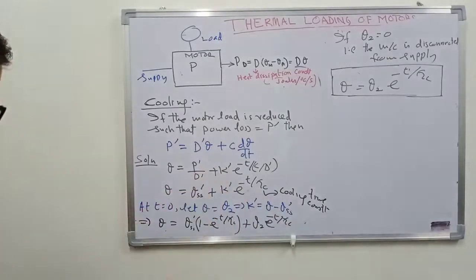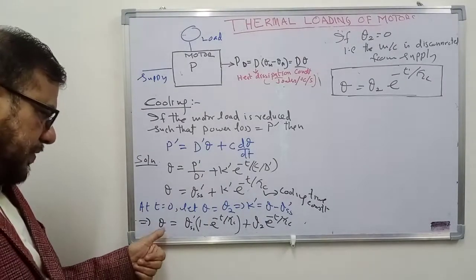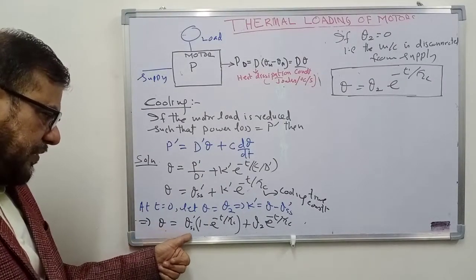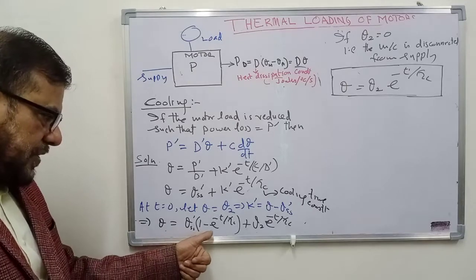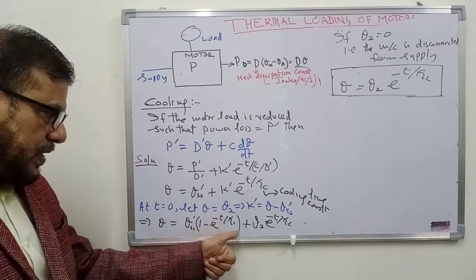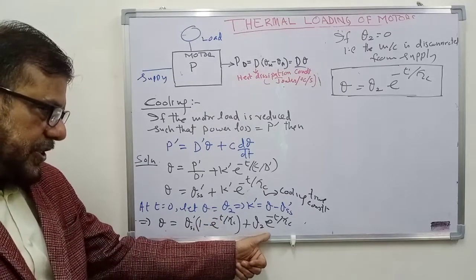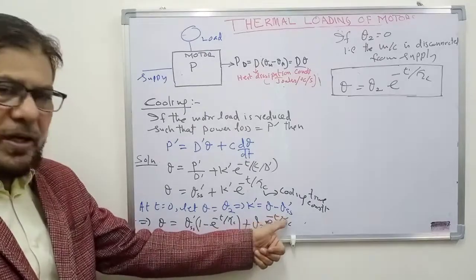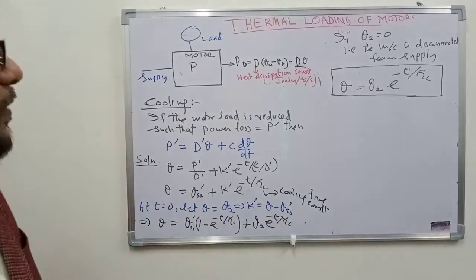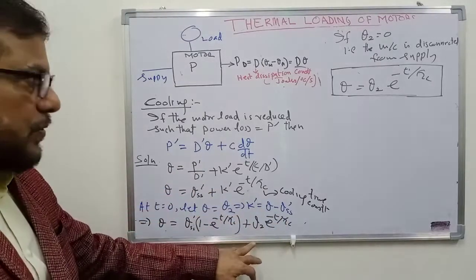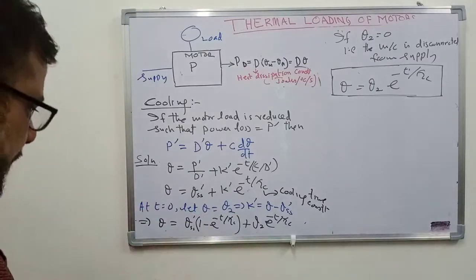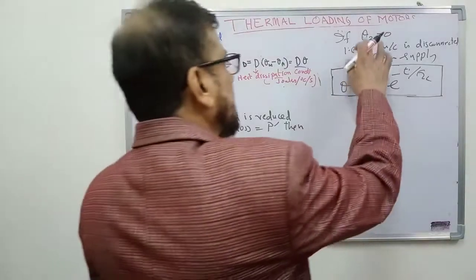You put the value here and you will get the final solution as theta equal to theta SS dash (1 minus e to the power minus T upon tau C) plus theta 2 e to the power minus T upon tau C.